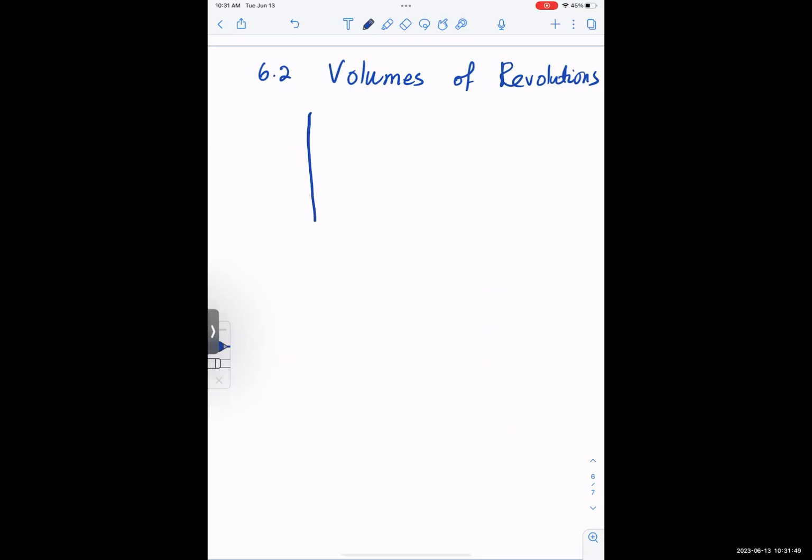So let's say you have a graph. This is the graph. Let's say this is the graph of f of x. Y is equal to f of x. That's my graph. I want to find the volume of revolution. So it means I want to revolve this graph.